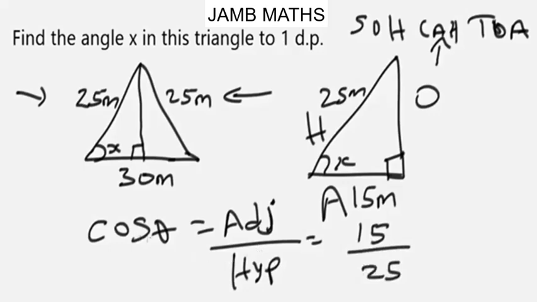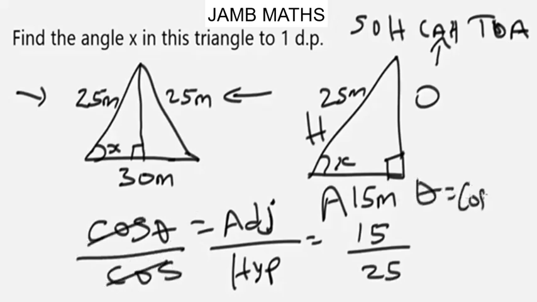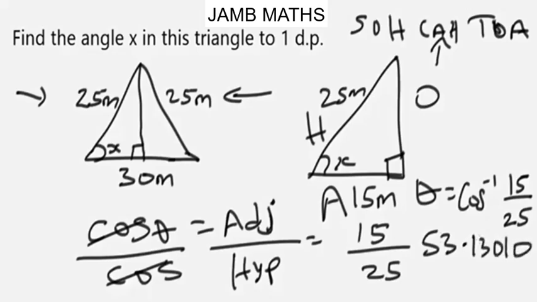All right, so to make theta the subject of the formula, you divide both sides by cos. Now theta will be cos inverse of 15 over 25. Okay, so when you punch it on your calculator, you're going to have 53.13010. Alright, you keep your decimals.